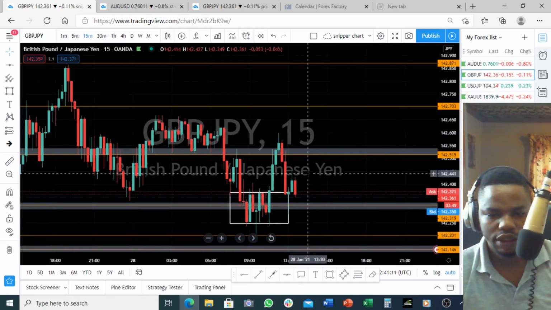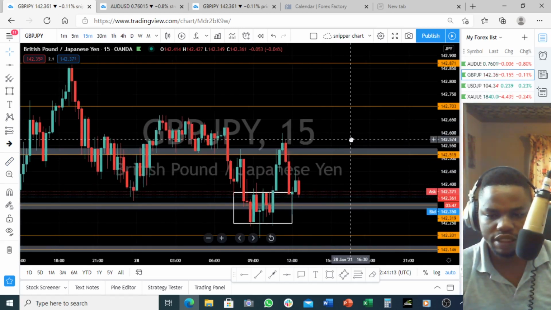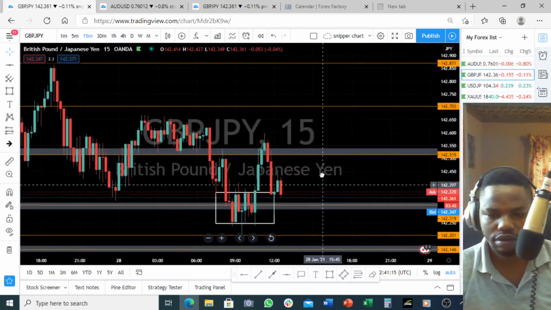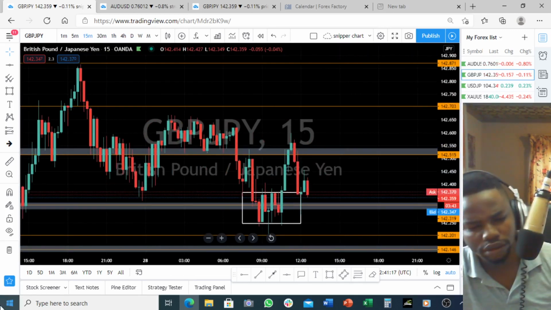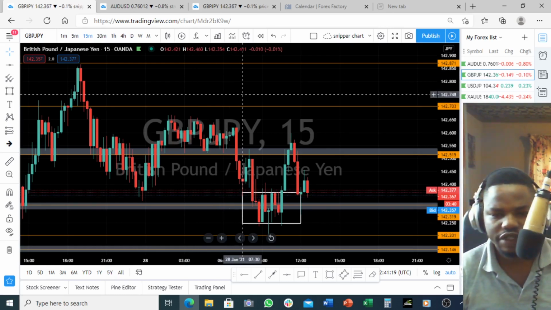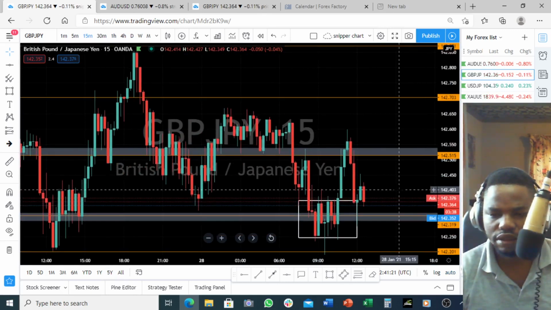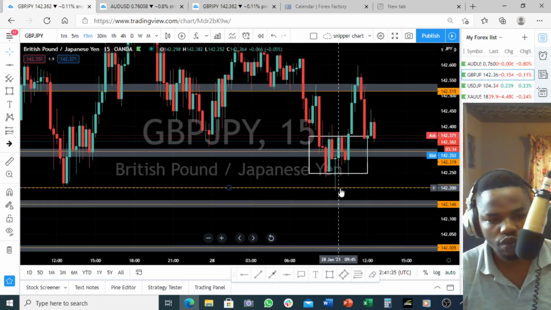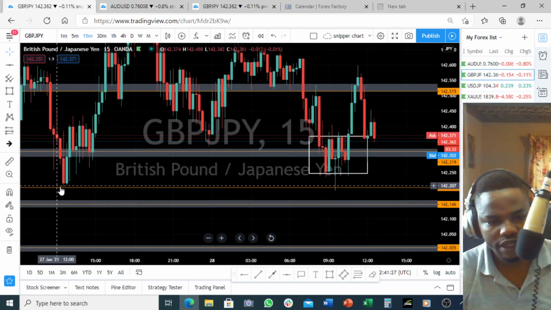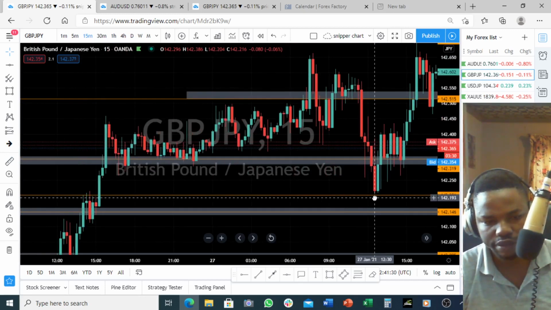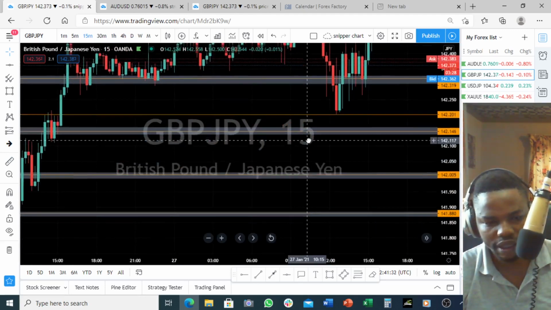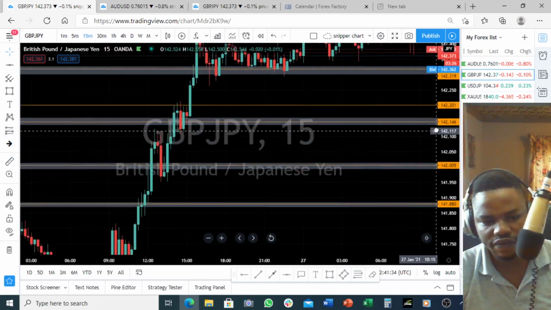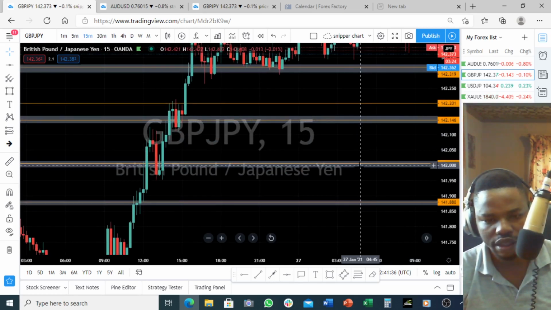If it doesn't happen, if it comes back in here, then I'll have to wait. I'll even have to wait until it passes this area. Even then, I wouldn't be that satisfied. But once it passes this area, then I know I will get the trade up to this level.